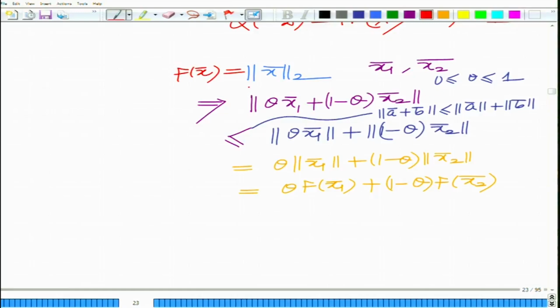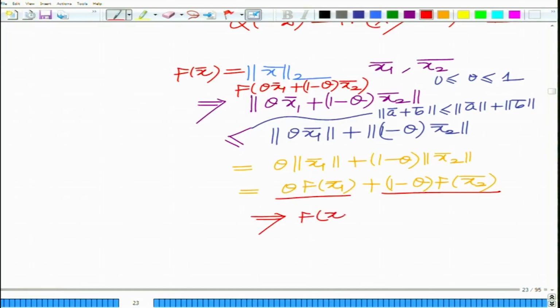So, what we have shown is f of theta x1 bar plus 1 minus theta x2 bar is less than or equal to theta times f of x1 bar plus 1 minus theta times f of x2 bar, which implies f of x bar equals the 2 norm is convex.